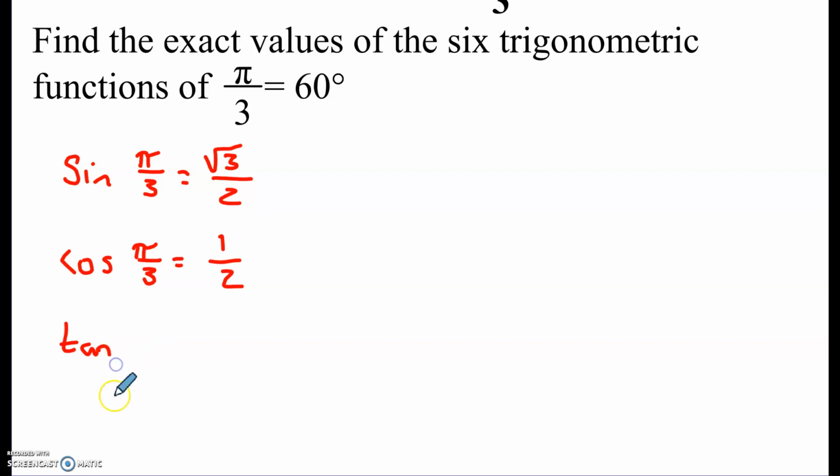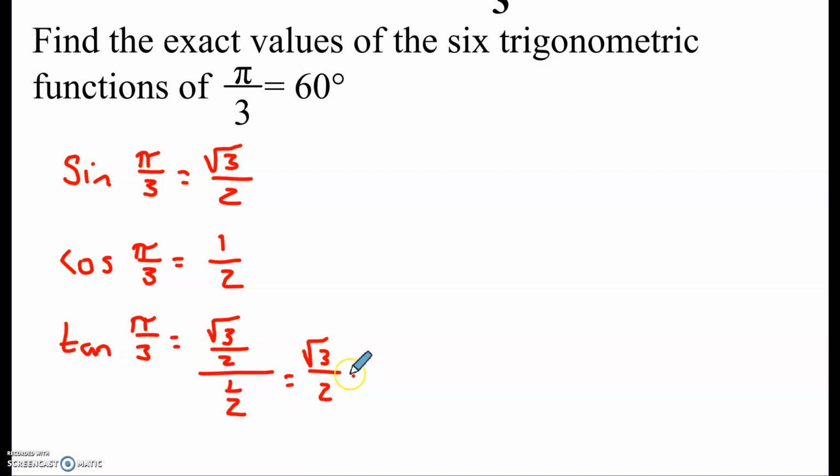Tangent is y divided by x, sine divided by cosine. Square root 3 divided by 2 is the same thing as square root 3 over 2 times the reciprocal of 1/2 or 2 over 1.